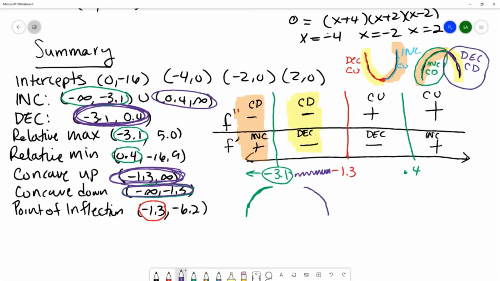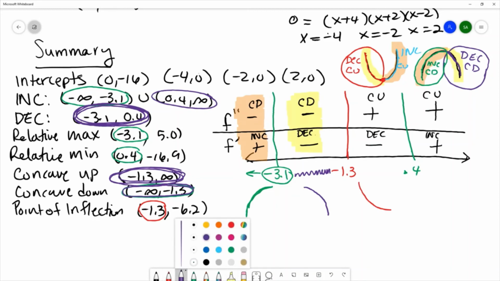And then we had decreasing concave up, which is what I have in red here. And in that last one, we have increasing concave up, like the one I have in blue here. This is going to help us draw the curve if we know the curvature.